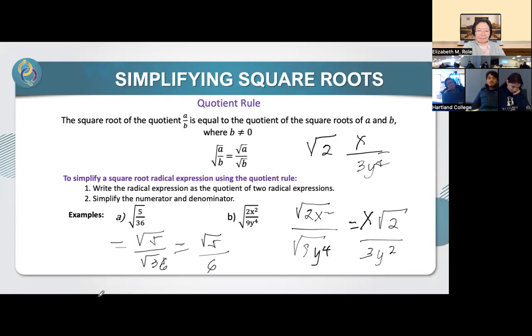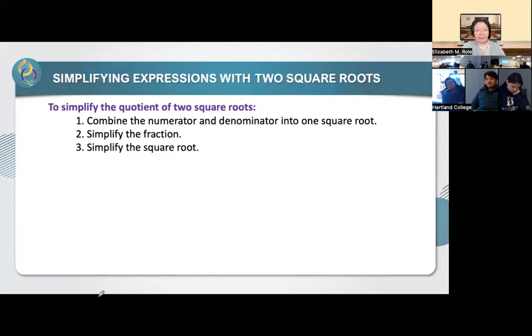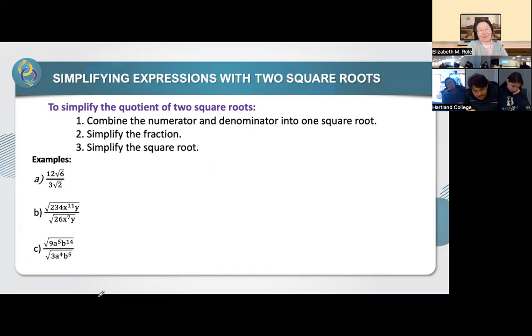We don't want a square root in the denominator. So x, the square root of 2 over 3y squared. So this time you combine numerator and denominator into one square root, simplify the fraction, then simplify the square root.